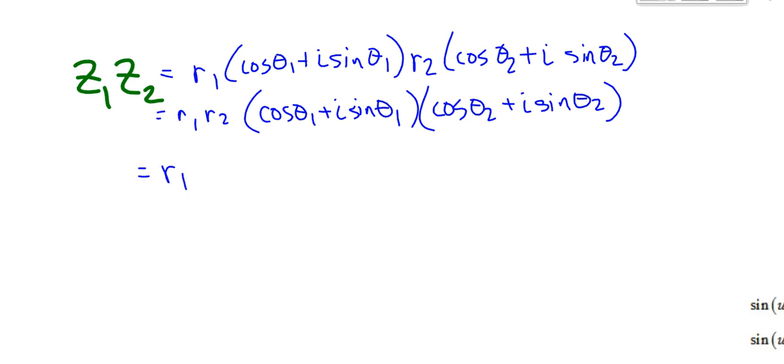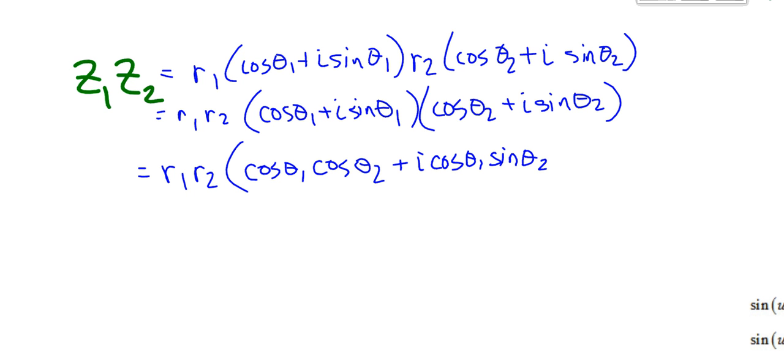So R1, R2. When I multiply that, it's going to be cosine theta 1, cosine theta 2, right? I think I'll leave it like this. Cosine theta 1, cosine theta 2. I'll multiply this one plus I cosine theta 1, sine theta 2.